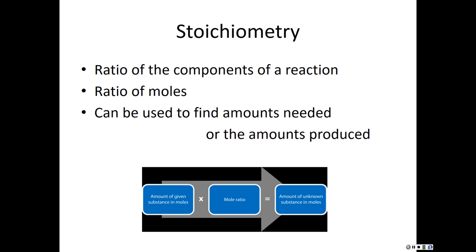So the number in front of the element refers to the amount of moles you're using. Yes. Okay, so you could multiply that by the molar mass to get the mass that you're using. Yes, absolutely. I think you're absolutely right.